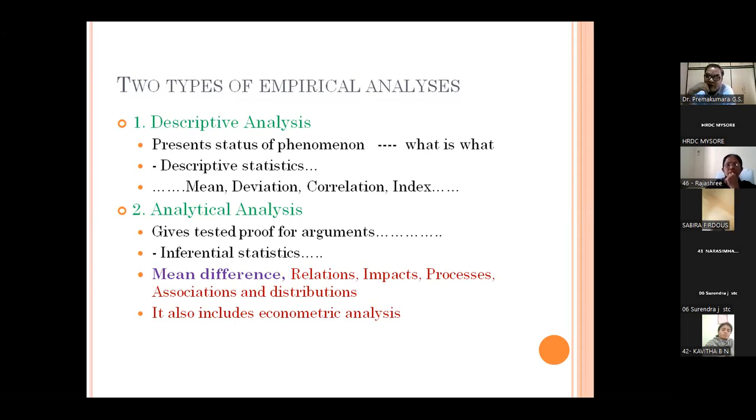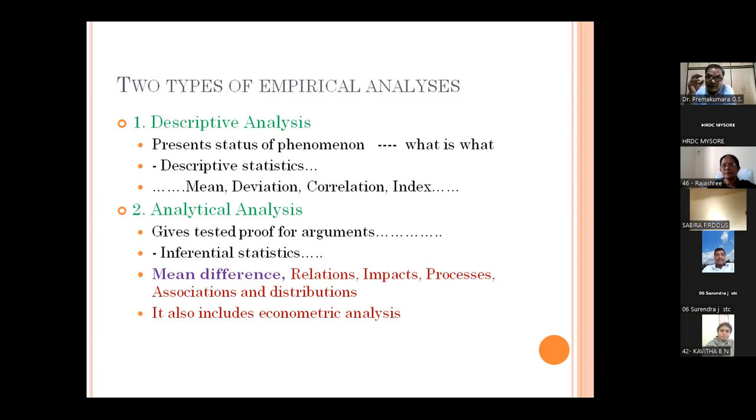For example, if you write that between Tamil Nadu and Karnataka, poverty is high in Karnataka compared to Tamil Nadu, how do you prove that? You have to prove it. Or compared to India, Karnataka and Kerala, human development is very high in Kerala compared to Karnataka. How can you say that? For telling all those things, we have to test and tell.